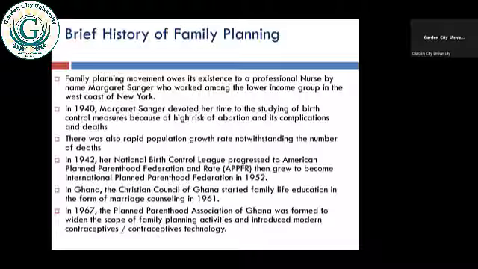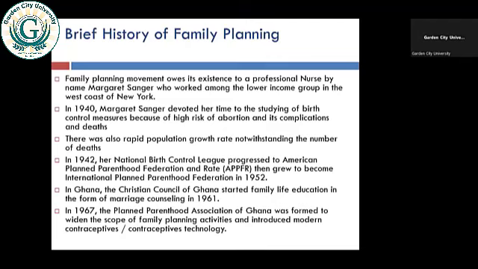Then in Ghana, the Christian Council of Ghana started family life education in the form of marriage counseling in 1961. And in 1967, the Planned Parenthood Association of Ghana was formed to widen the scope of family planning activities.